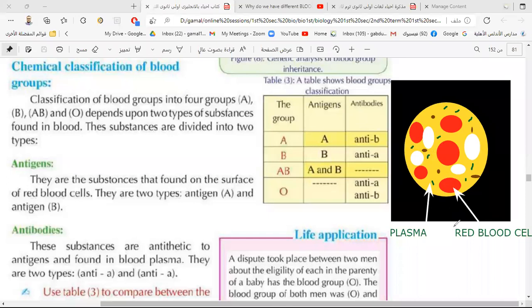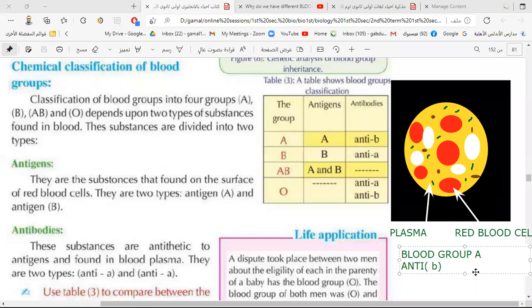And if the person has blood group A, he will have antibodies against the blood group B. He has antibodies called anti-B.